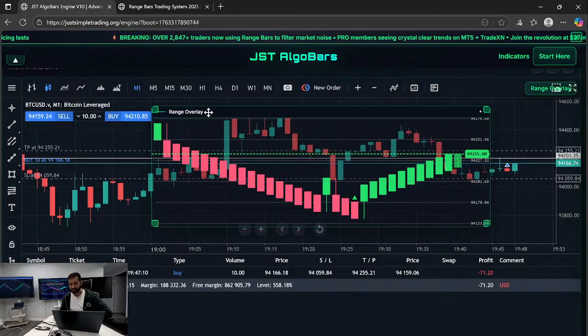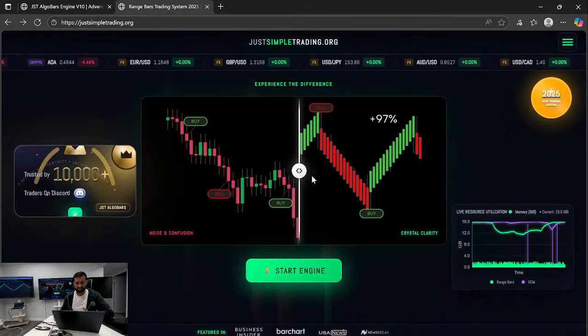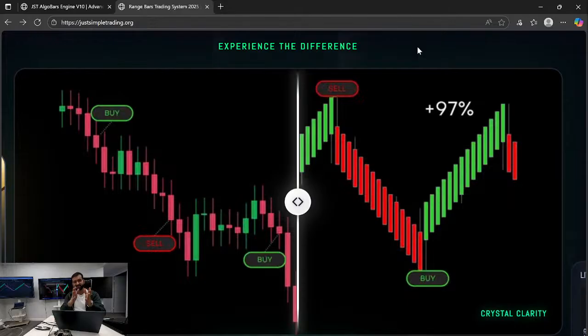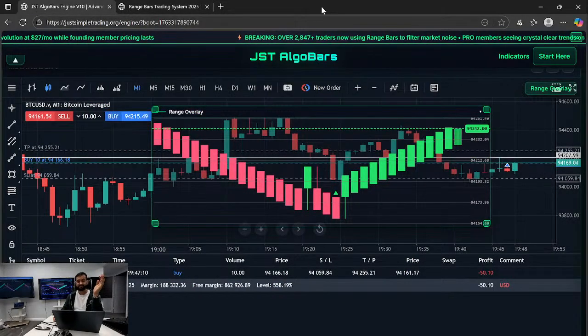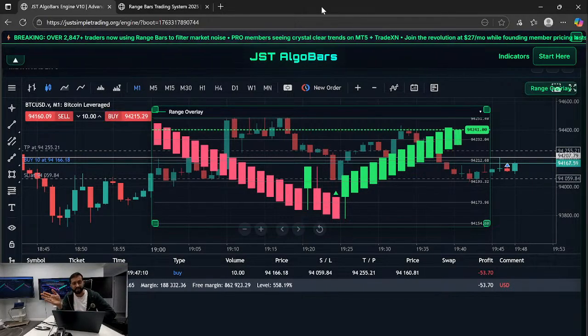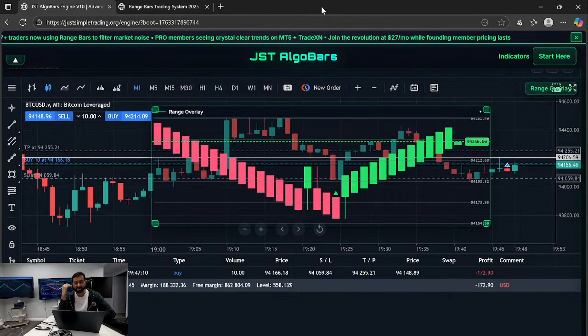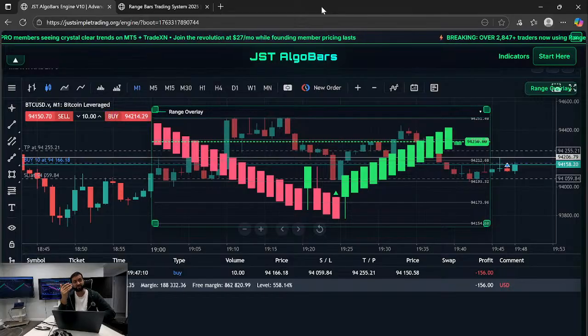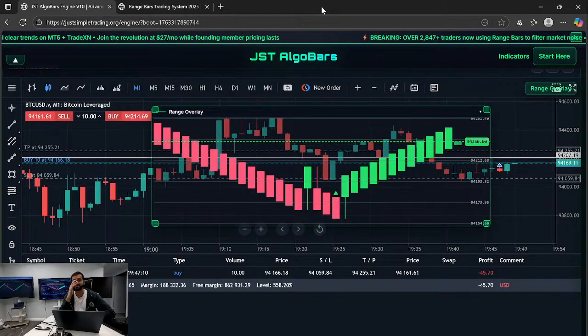So what are the range bars? Here's the thing. Every single person that you see doing analysis is losing money. All of those guys that say use this code for this much off of the prop firm are losing money trading. I'm the only one that comes here and does all my trades live. I show you exactly what I'm doing and how I'm doing it. I've been showing you live for like six to seven years now.